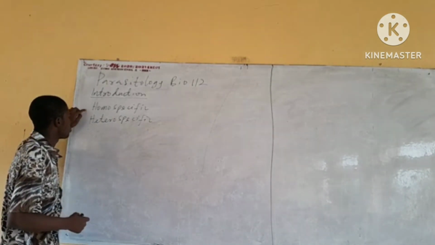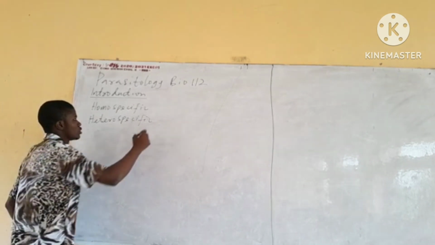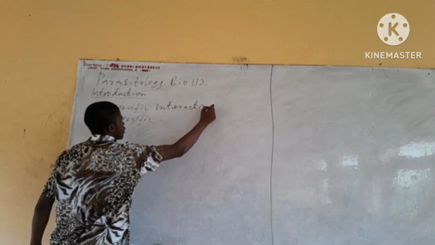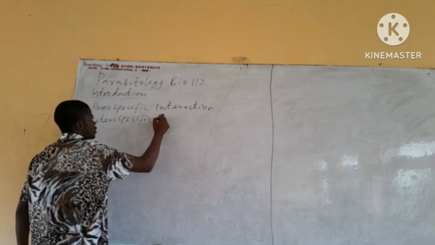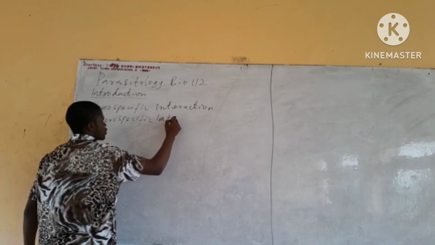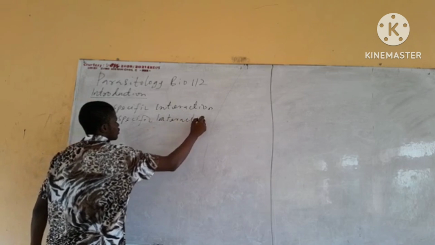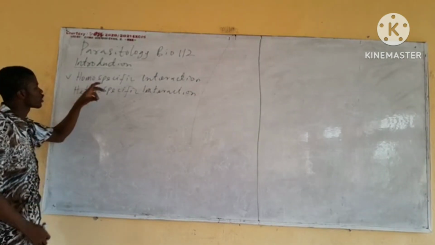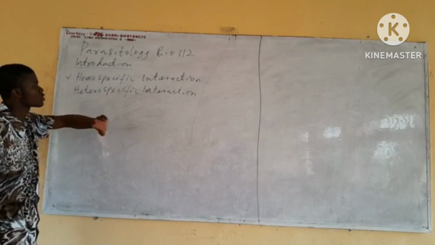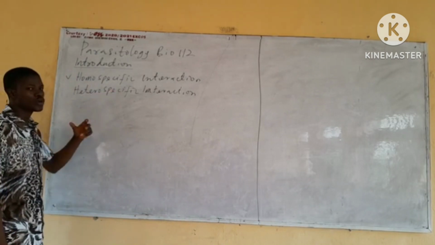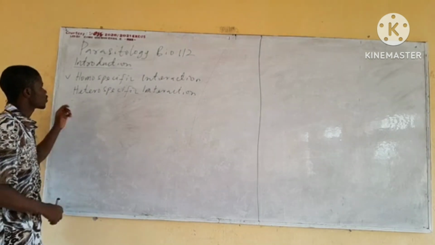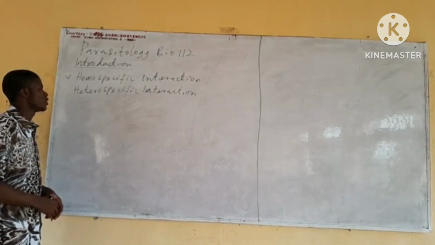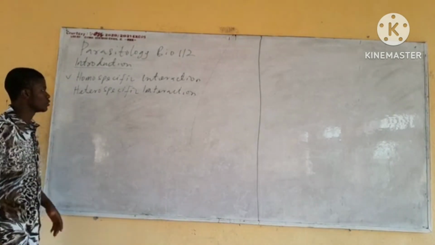The first one is homospecific interaction and heterospecific interactions. These are the two major types of interactions found in every ecosystem.